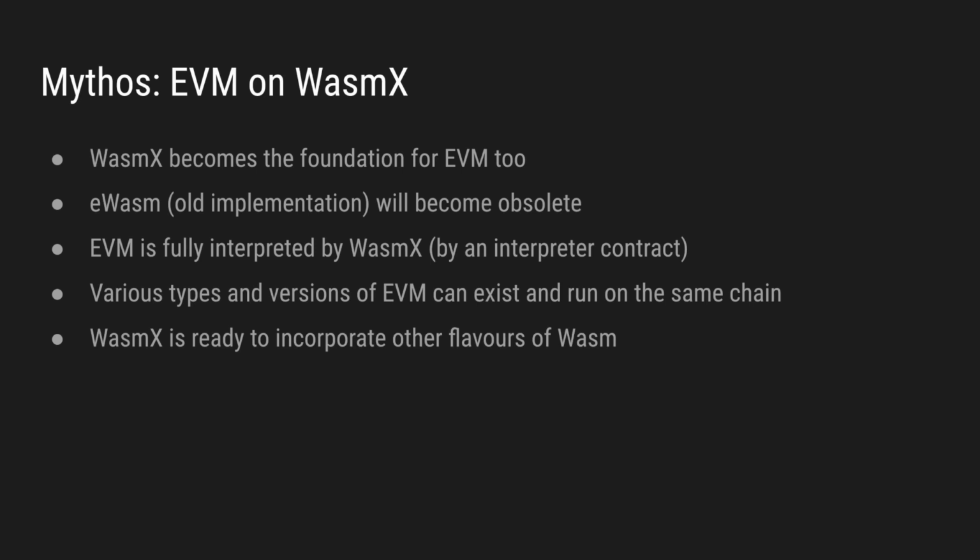The old implementation of eWasm will become obsolete, and now EVM is fully interpreted by WasmX by an interpreter contract. Various types and versions of EVM can coexist, so can run on the same chain, and WasmX is ready to incorporate other flavors of Wasm, and especially integrate tightly with the Cosmos ecosystem.